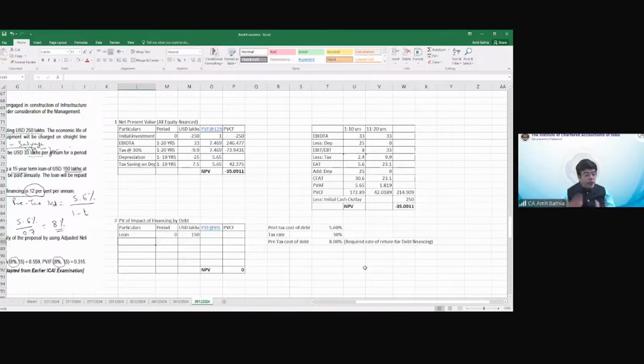Then I will have to pay interest on this loan, right? For how many years will I pay interest? Because the entire amount is going to be paid after 15 years, remember? So I'll have to pay for 1 to 15 years, right? How much interest will I pay? 150 into 6%. Are you with me?